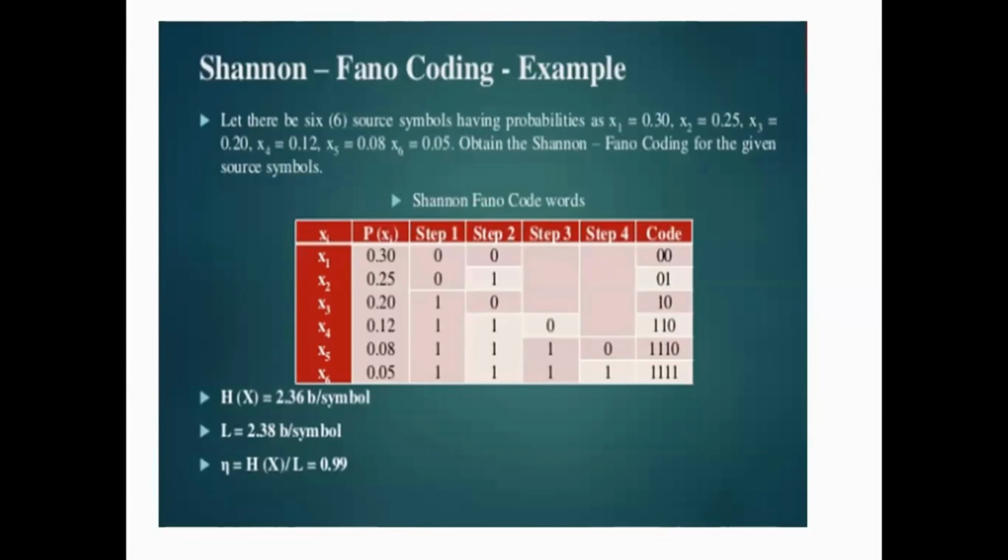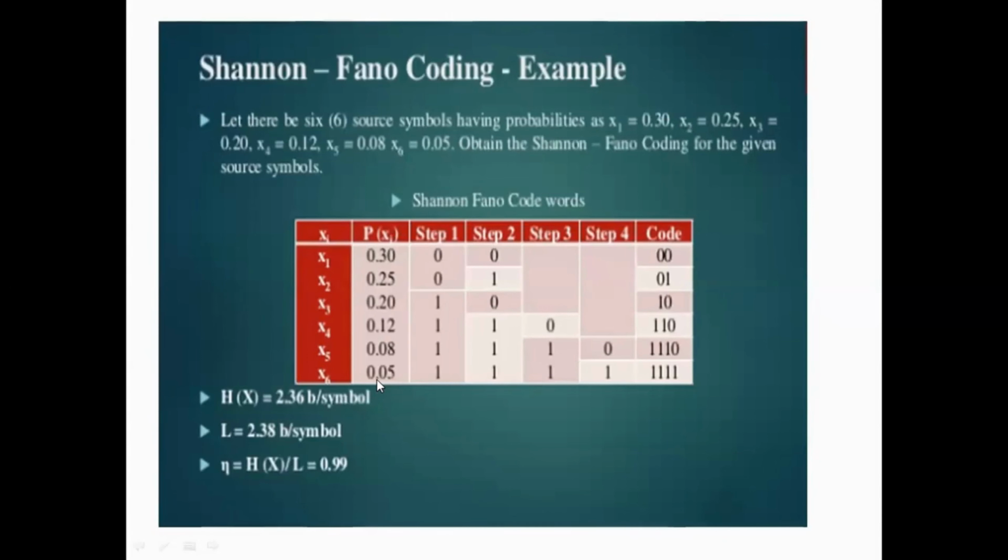How many symbols are there? 6 symbols. And how many probabilities are there? 6 probabilities. So in any of the coding, the first step is to list the probabilities from higher number to lower number. Most of the time the probabilities will be given from higher to lower, but sometimes they might be jumbled.